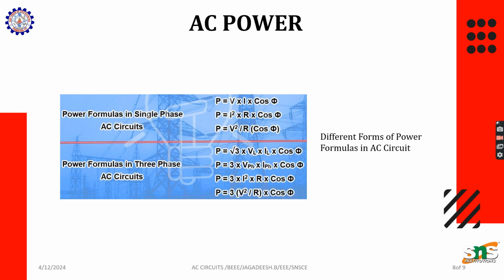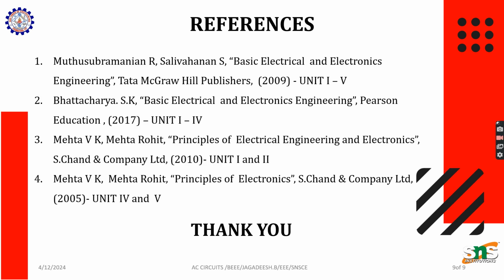And when we consider phase values, 3 into V phase I phase cos phi is used. These are the different forms of power formulas in an AC circuit, which we can apply to these circuits to determine the electrical quantities of AC power. You can refer to these books to get more knowledge on AC quantities.